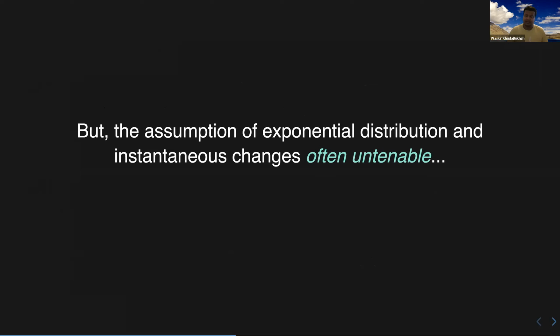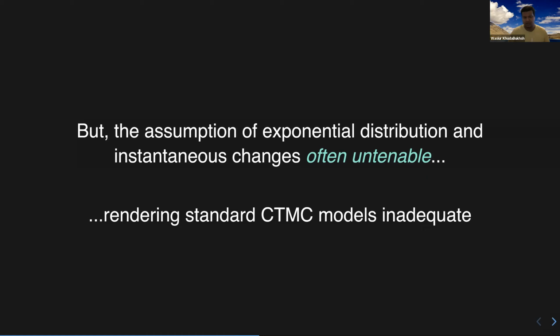And then the second assumption is that whenever a reaction occurs, the changes take place instantaneously. And that's also something that's not always true. So there is a time delay between the initiation and the completion of a particular reaction. So all in all, this basically says that the standard CTMC models are inadequate in many cases.